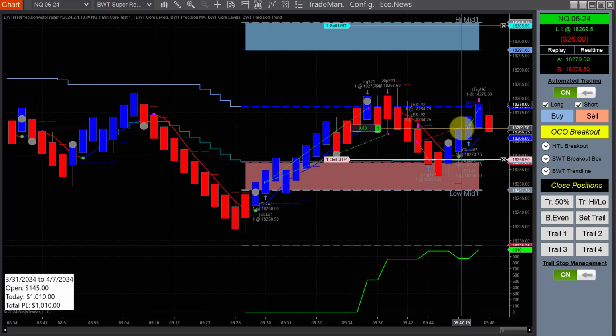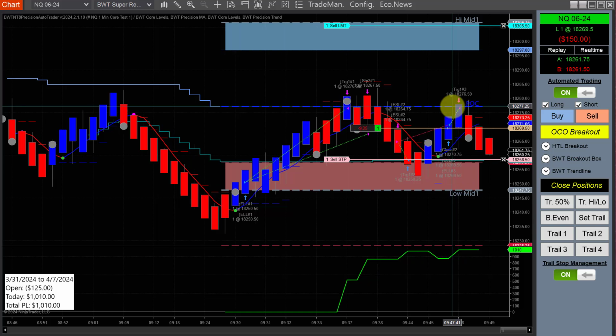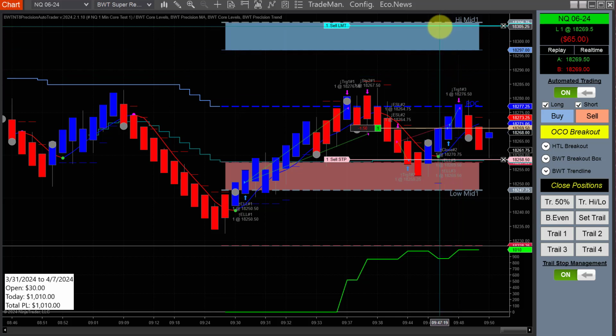And so again, I reversed, and then the first target was the first core line away, which is right here. And the second target is up at the high mid minus the offset.